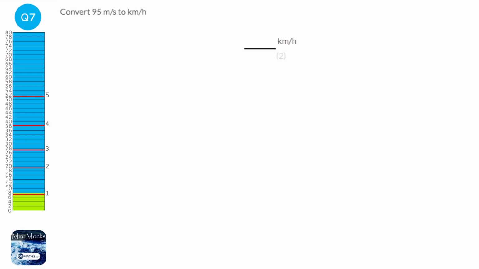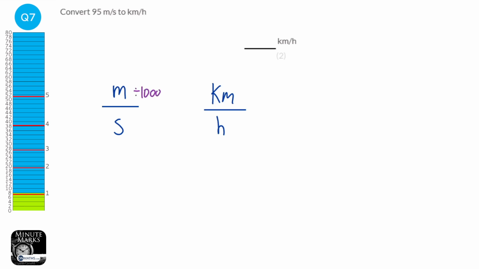So for this question, we need to understand that the units we currently have are in meters per second, and the units we want to convert them to are kilometers per hour. Now, to convert the meters part is quite easy because all we need to do is divide by 1,000.